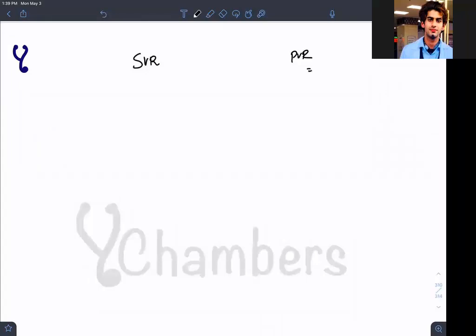PVR means the resistance produced by the pulmonary vasculature. SVR is the resistance produced by all the peripheral blood vessels. Sometimes you will see this interchanged with TPR, total peripheral resistance. Fine? Clear?